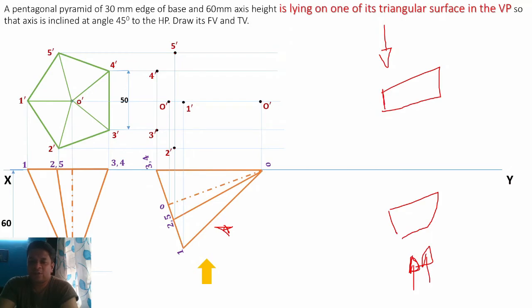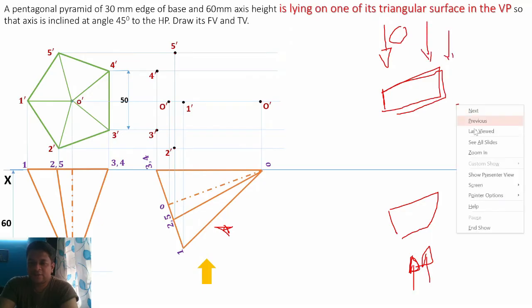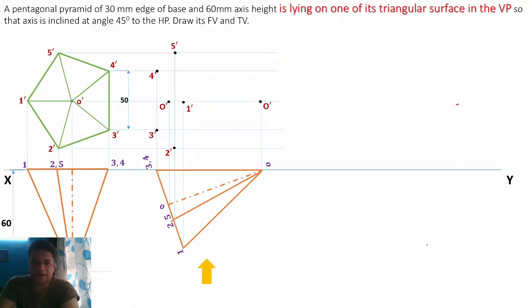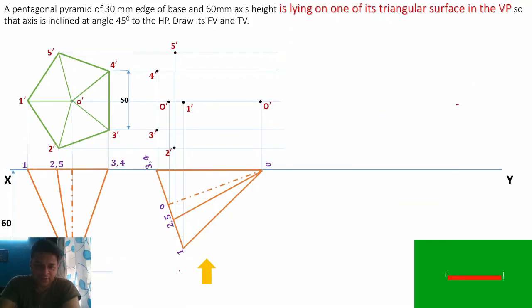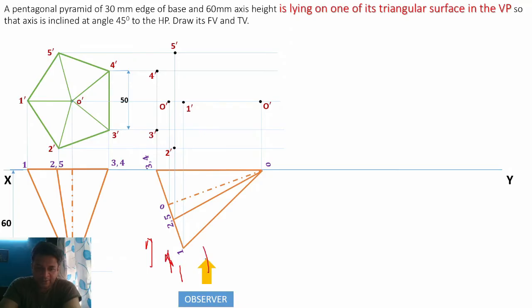And when the object is above the XY line, the observer is present here and observing in the downward direction. So this basic concept you should know. After this, we'll connect all the points. So the observer is observing from this position. So all these lines will be visible because the observer is present over here.